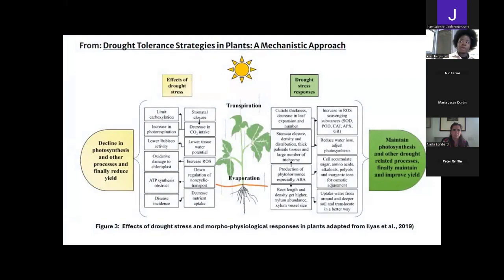One side shows the main effects of drought stress and how plants are able to combat them. The next one shows the main photosynthetic drought stress responses, where the plants will either reduce water intake, or conduct stomata closure, or increase the ROS scavenging substances such as SOD, POD, CAT, and APX.